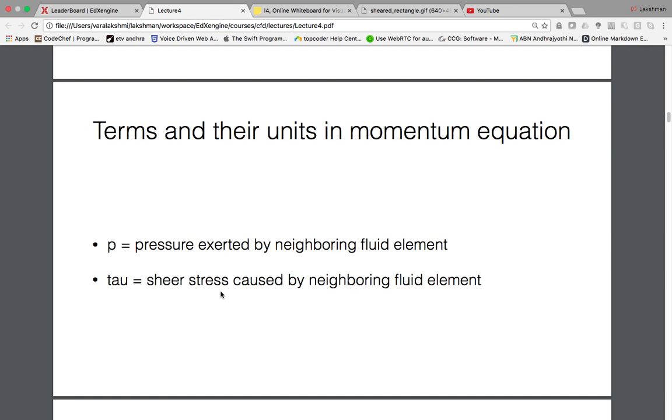It's not a vector, so the rank of a tensor is one above the rank of a vector. So here the notation that we follow is we have a pressure P which is being exerted by neighboring fluid elements on the control volume or the fluid element that we are going to consider. And same way with the shear stress.